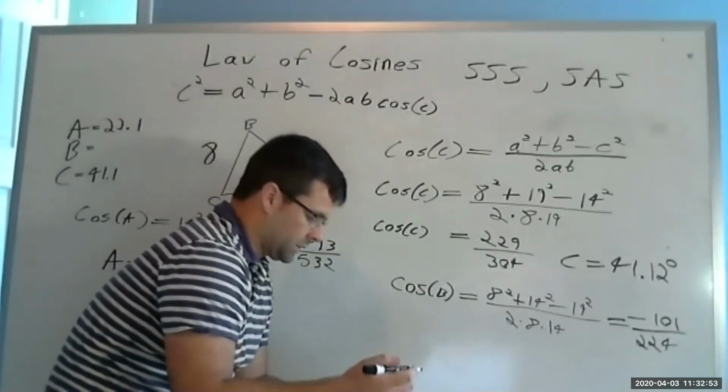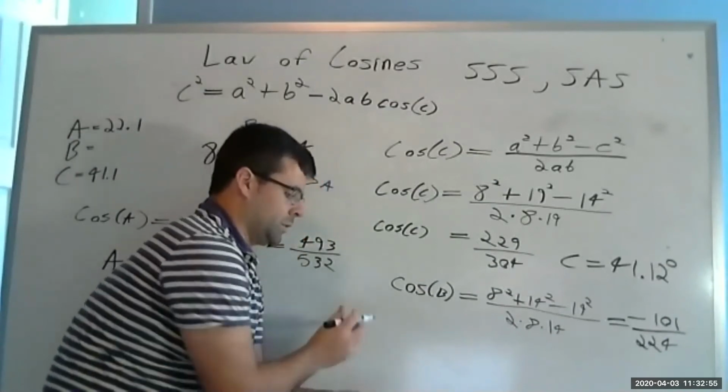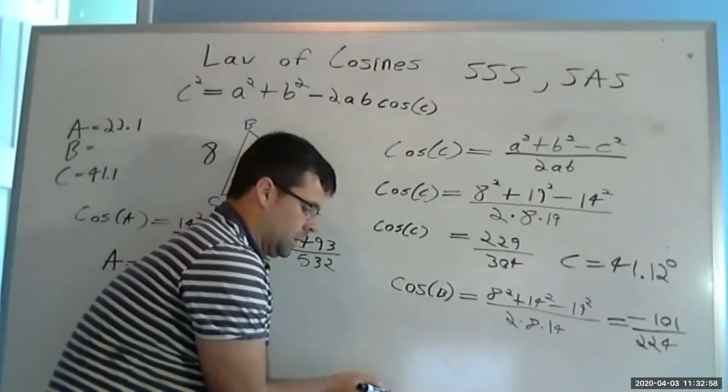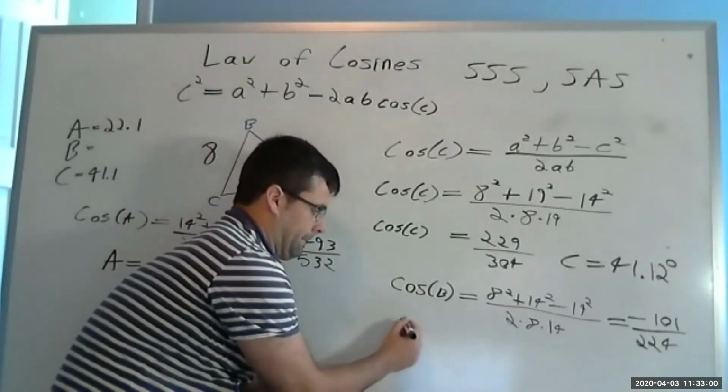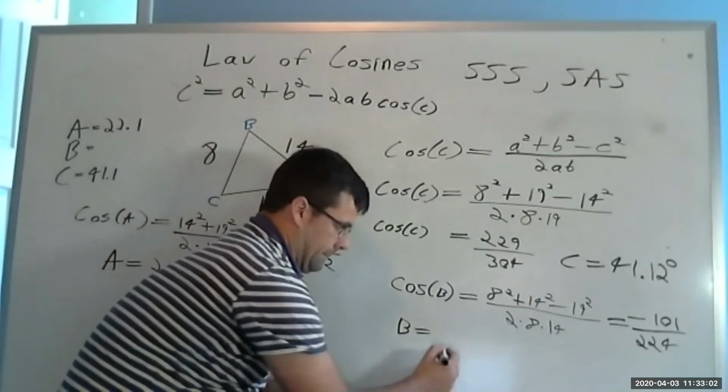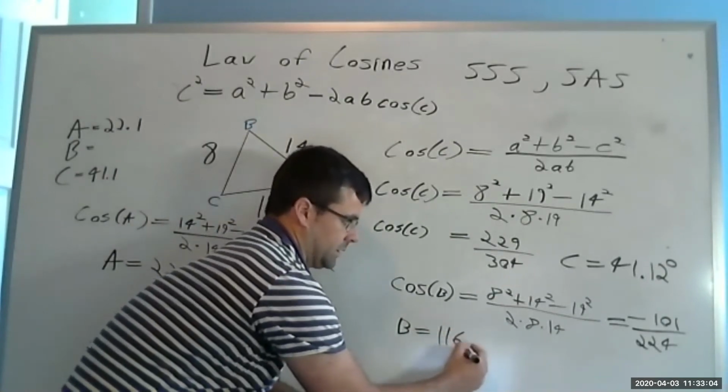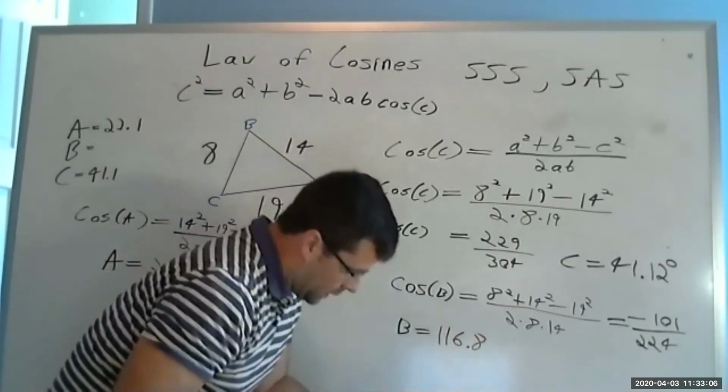If you do the arc cosine of negative 101 over 224, 116.8.